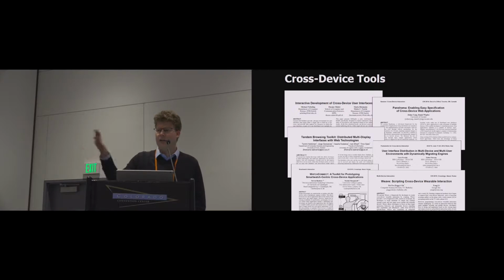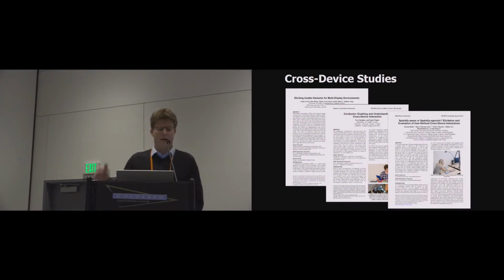Now we're beginning to see more of these studies like we saw before. I didn't include your latest work here, but there's a wide range of cross-device studies. Most important to my own work here are cross-device elicitation studies.